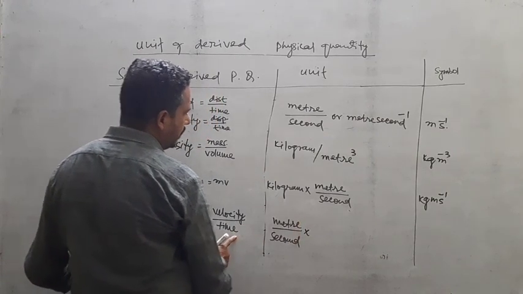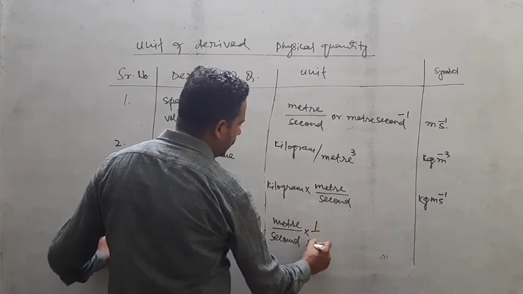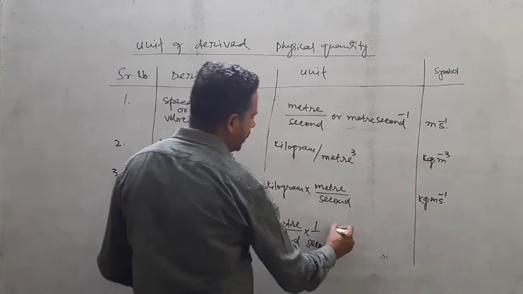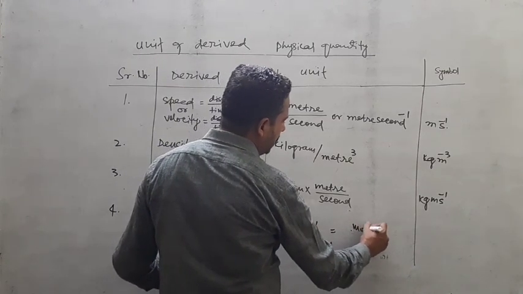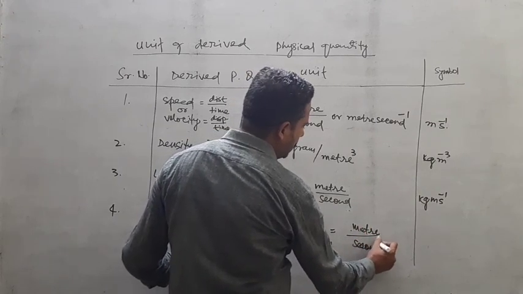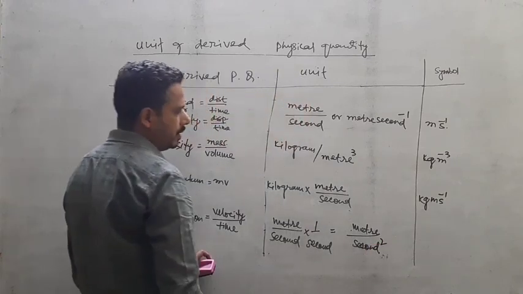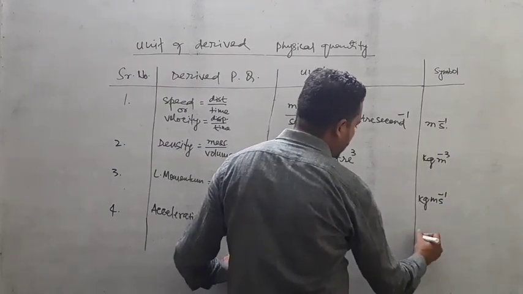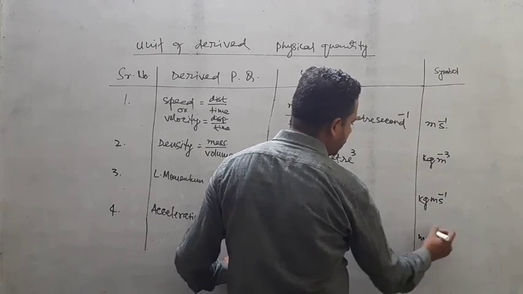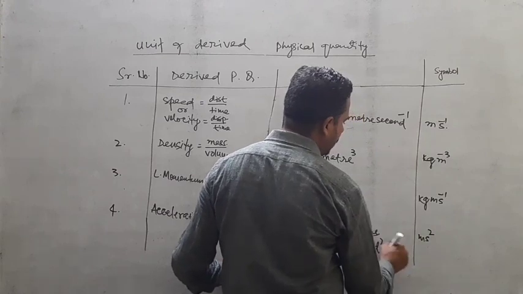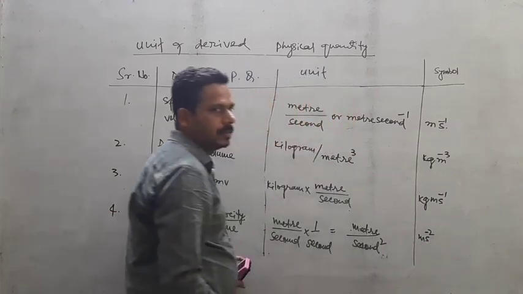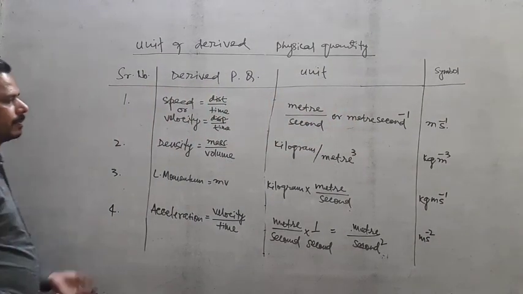So there is one more second. That means there are 2 seconds. So you can write this as meter by second power 2, that is square. Now how can you write it in symbol? For meter there is small m, for second there is small s having power 2, but this is in the denominator, so there is a negative sign. So meter per square second. Meter per square second is the unit of acceleration.